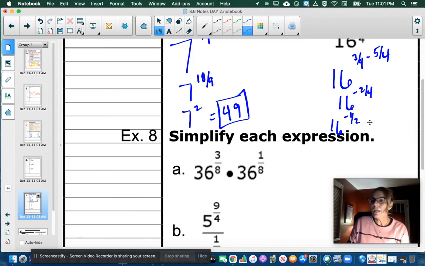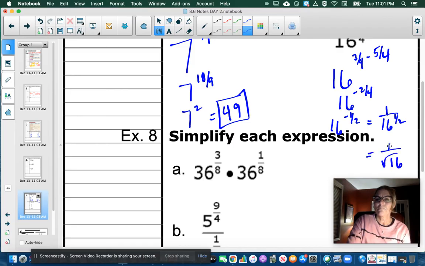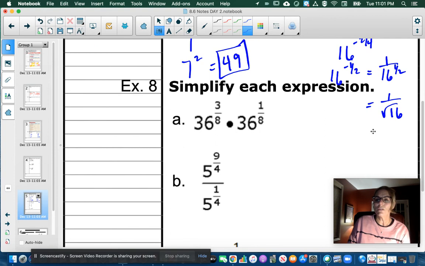But when you have a negative exponent like that, that's like 1 over 16 to the 1/2. Oh, well, that's really like 1 over the square root of 16, which is really going to be 1/4. And 8, we're going to save for class.